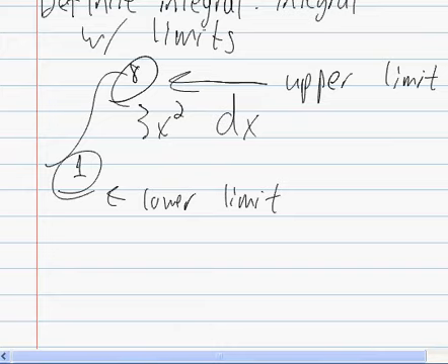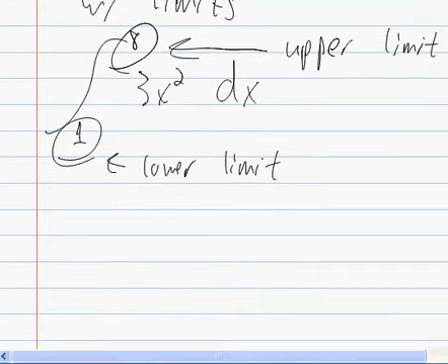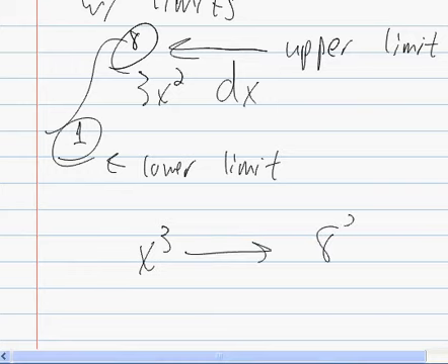We already know the antiderivative is x cubed, that's what we got before. But now we're going to actually evaluate it from 1 to 8, so it's going to be 8 cubed minus 1 cubed.